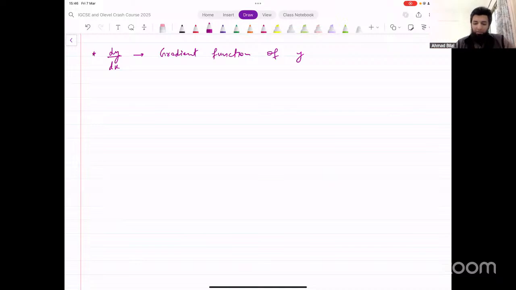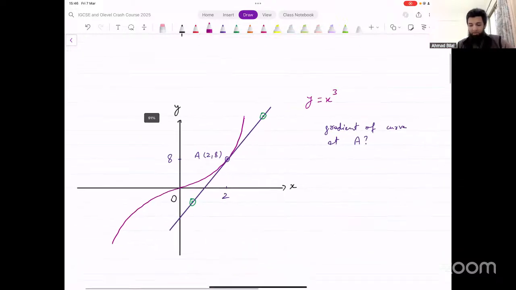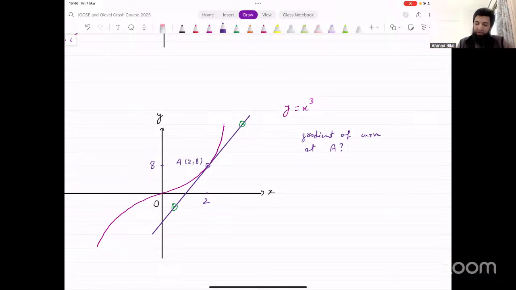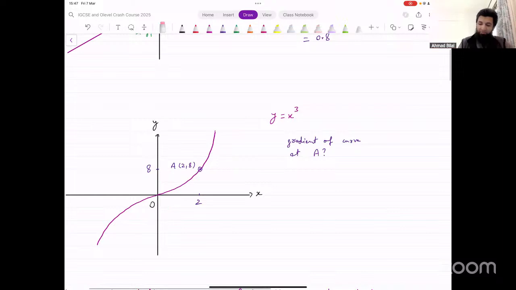Now, let's go back to that example that we started from. We had this curve, and what we wanted to do was find the gradient of the curve at the point A. How can we find that gradient now? Exact gradient without drawing a tangent. Without drawing a tangent, how can you find the exact gradient?